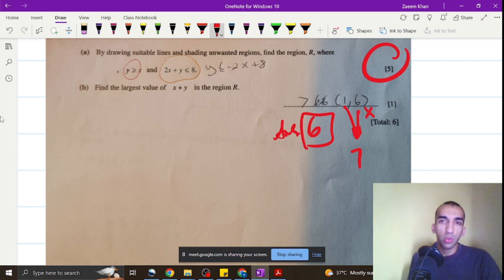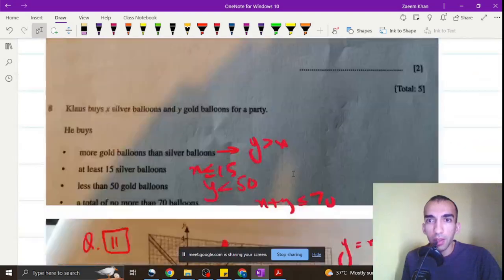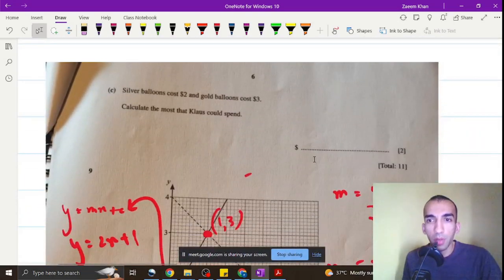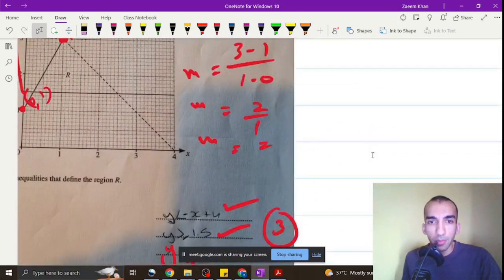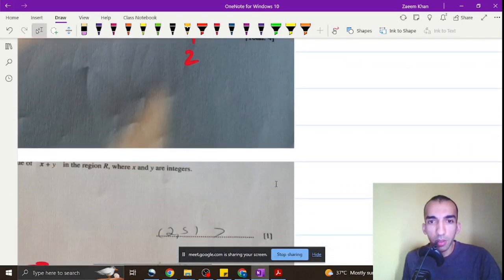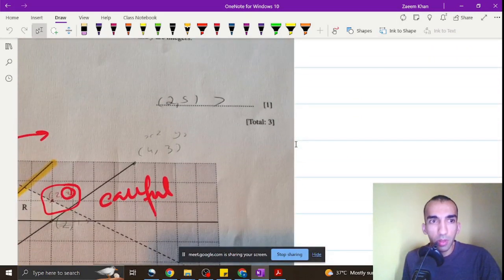So if I were to assess you out of the questions that you've done, let's get a total of how many marks this would be. 6. This was 4 marks. Did you attempt this?